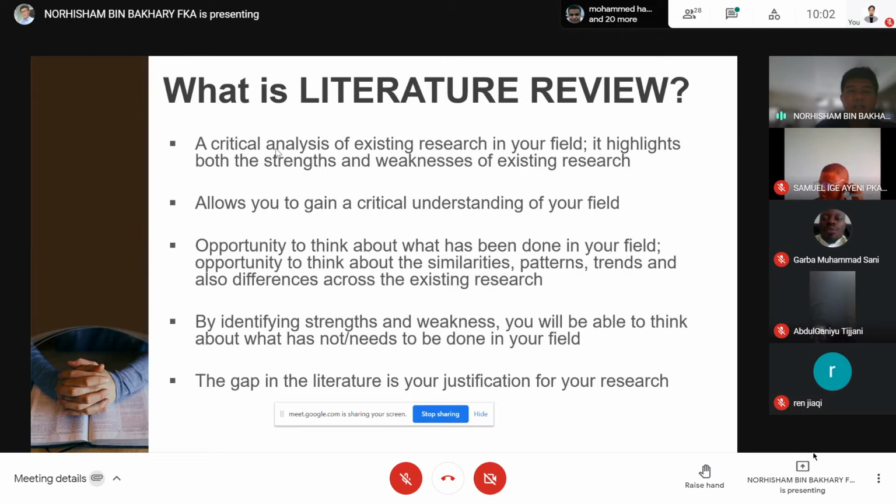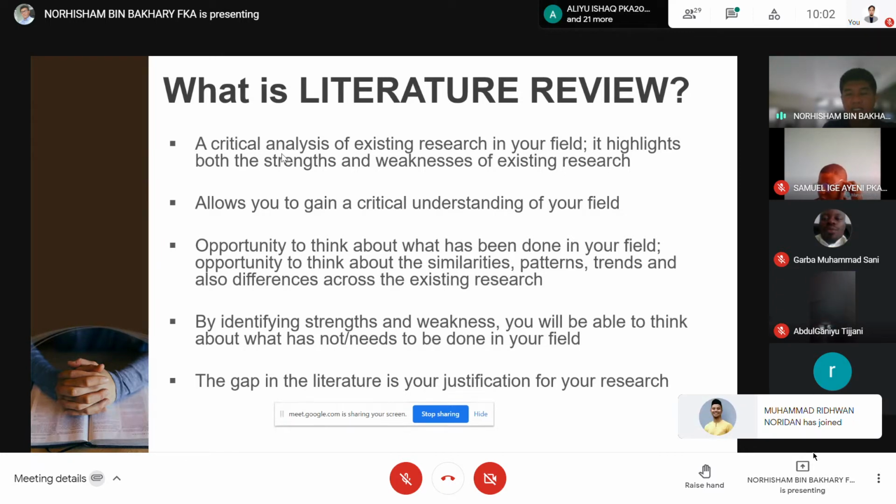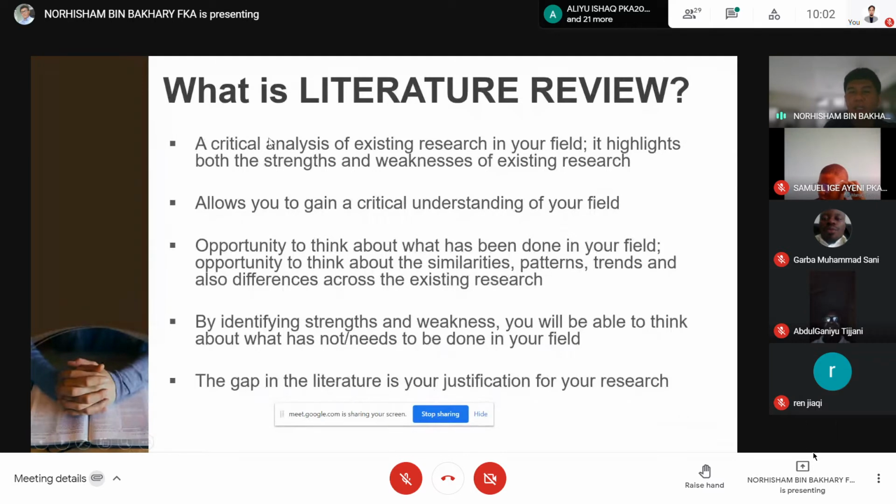Once you understand the paper, you must be able to criticize the paper. You see how the level goes for a PhD student, from knowing nothing up to being critical. So in your literature write-up, Chapter 2, you must be able to critically analyze. A critical literature review includes a critical analysis of the existing research in your field.